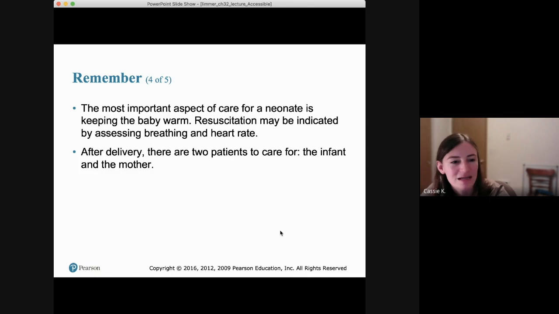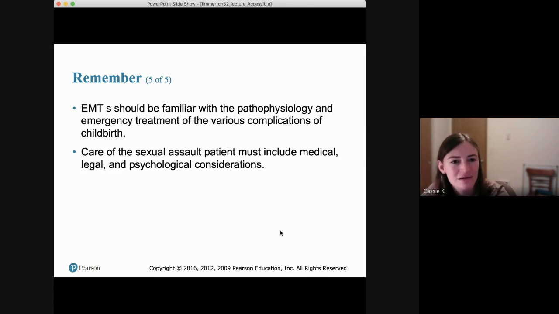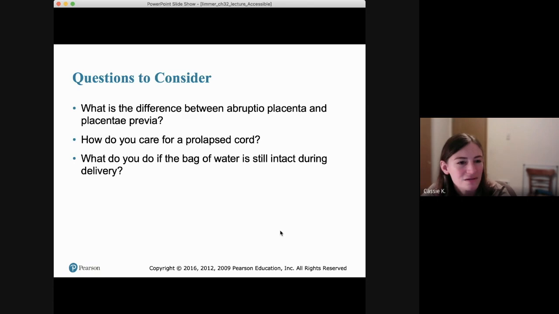Resuscitation may be indicated by assessing breathing and heart rate. After delivery, remember there are two patients to care for, the infant and the mother. Be familiar with the pathophysiology and emergency treatment of various complications. Care of the sexual assault patient must include medical, legal, and psychological considerations.